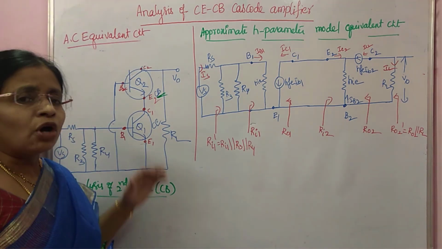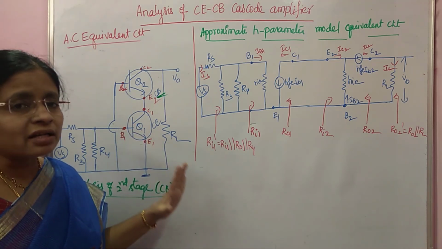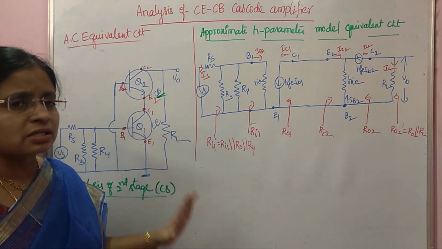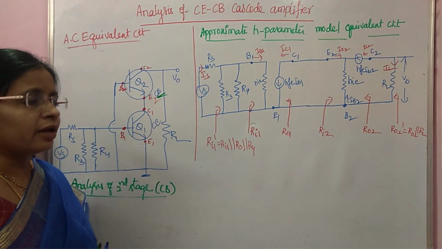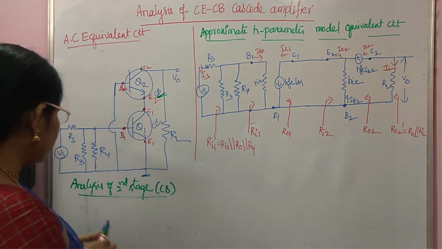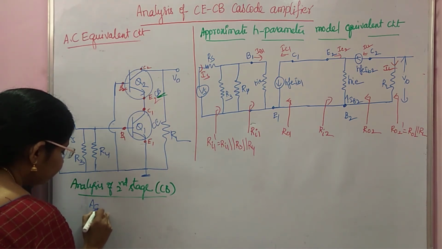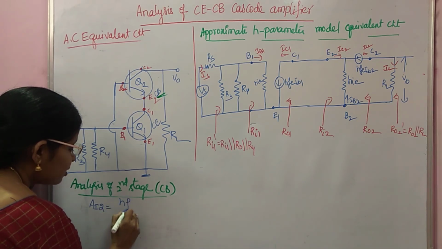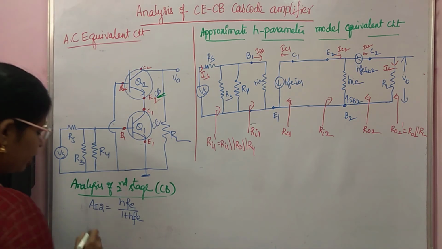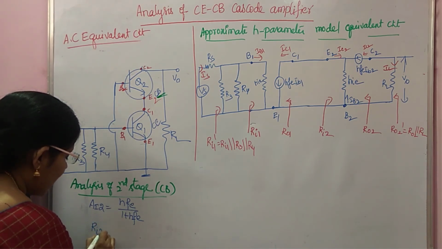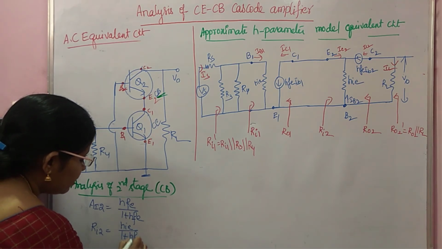I've already given a table which consists of CE, CB, CC single stage amplifier analysis formulas, which are based on the approximate h-parameter model. From that table, you can write AI2 as HFE by 1 plus HFE, then RI2 as HIE by 1 plus HFE.